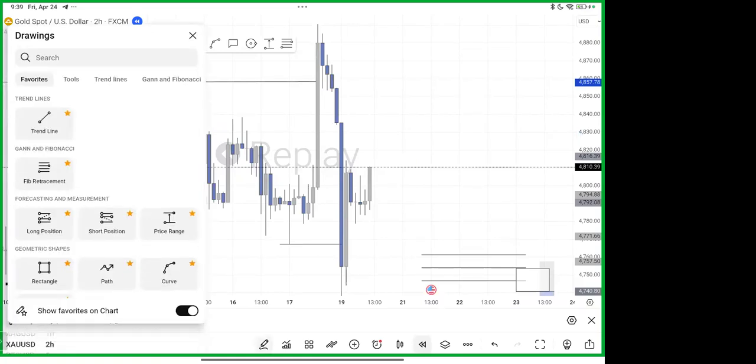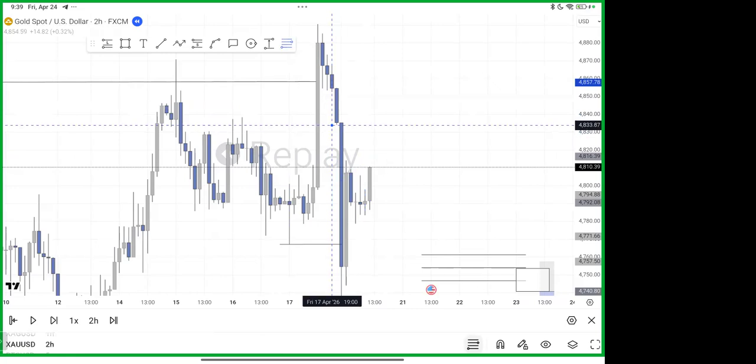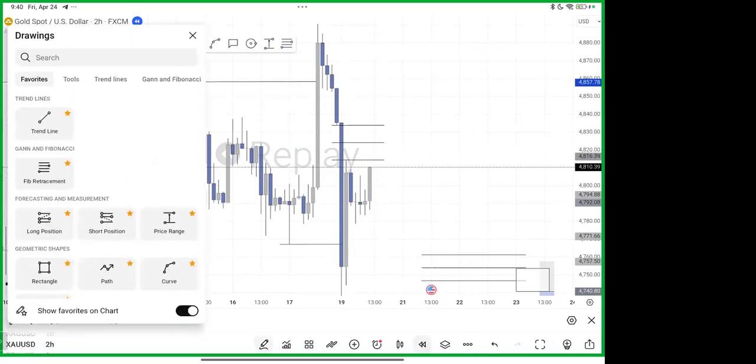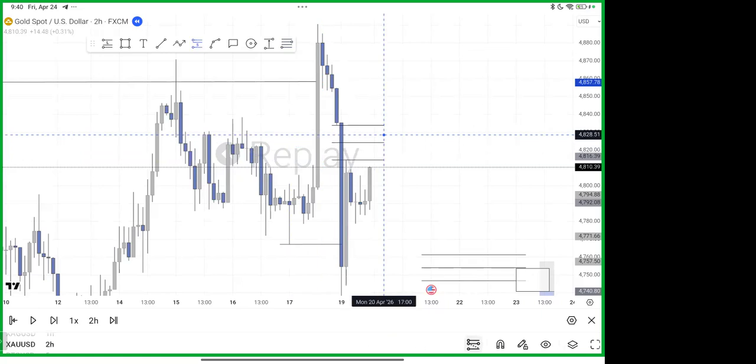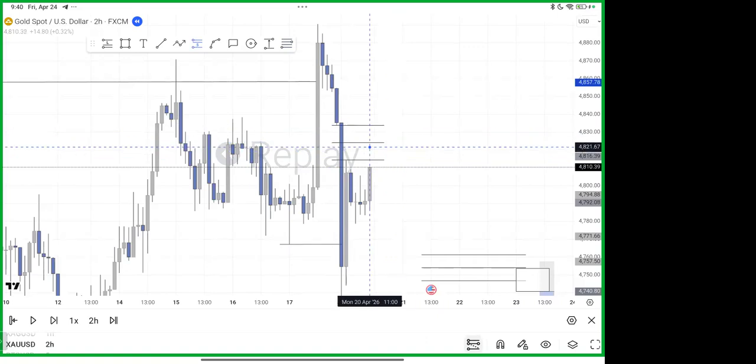So you click on your Fibonacci once again, your FIB retracement. You connect the wicks. And of course, this is the 50%. For bearish, this is the surface, 50%, and the extreme.